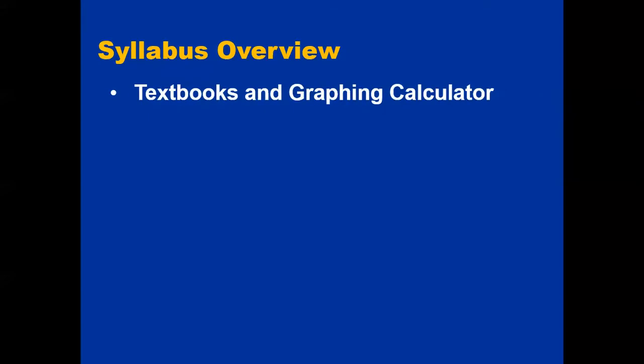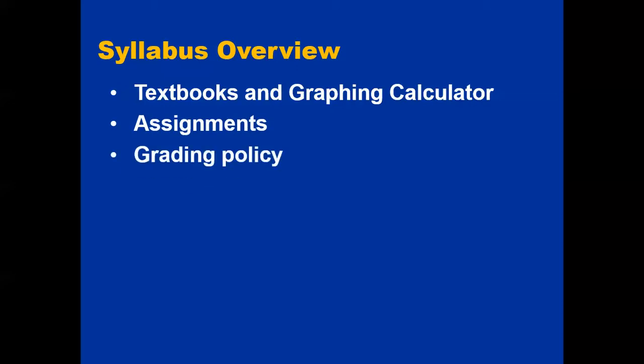I will talk about the two textbooks I will use, the graphing calculator, assignments you are going to have in my class, grading policy, attendance policy, the midterm, and the final.